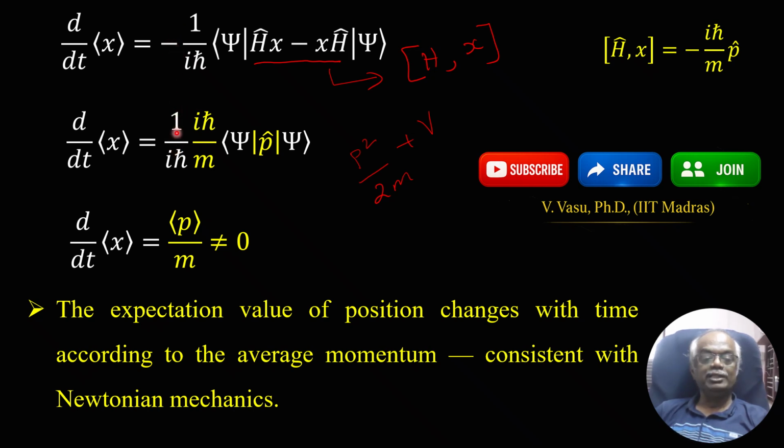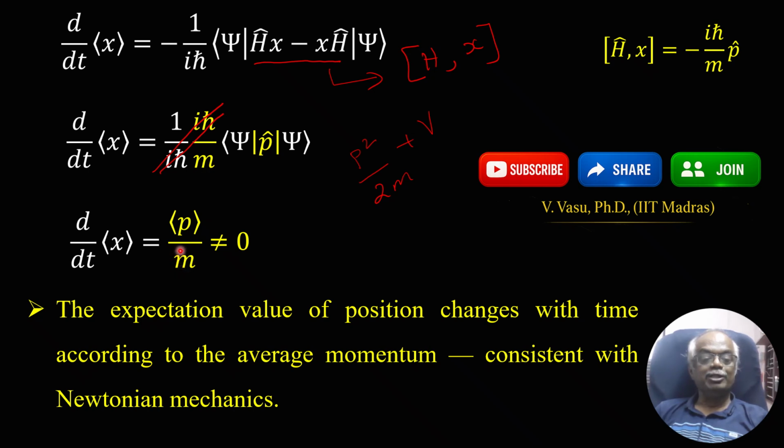So I will get 1 over i h cross times i h cross over m, bra psi, p ket psi, because here you have p. Now the i h cross will get cancelled with this i h cross. Naturally, you have this. This is the expectation value of p over m.